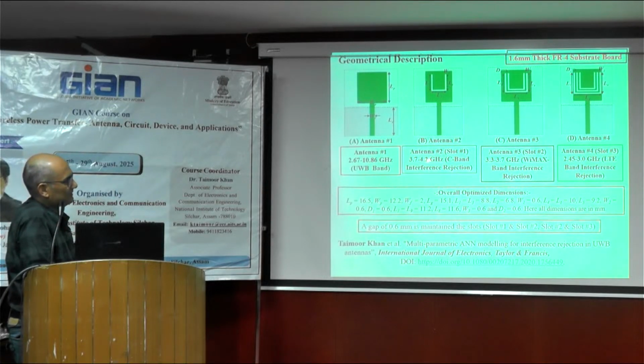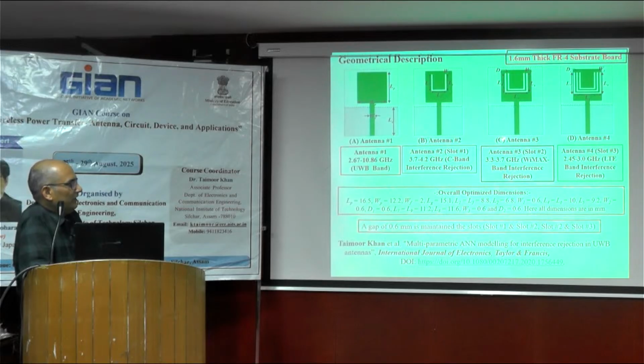Here, while incorporating this U-shaped slot, one interference band or rejection band is appearing at 3.7 to 4.2 gigahertz. Antenna 2, then it is 3.3 to 3.7 gigahertz. Then antenna 4 is this way. Ultimately between these two slots, a gap of 0.6 mm is maintained between slot 1 to 3, because less than that is not feasible because of fabrication limitations.